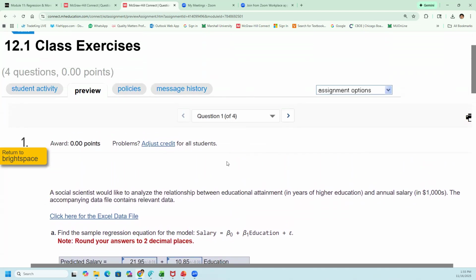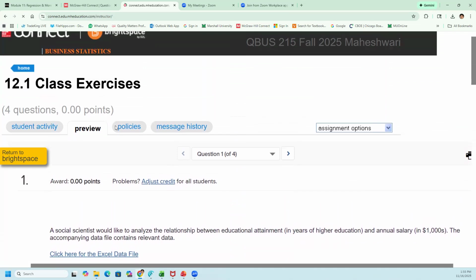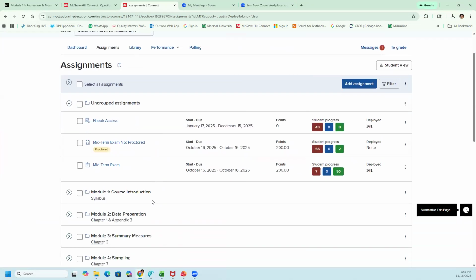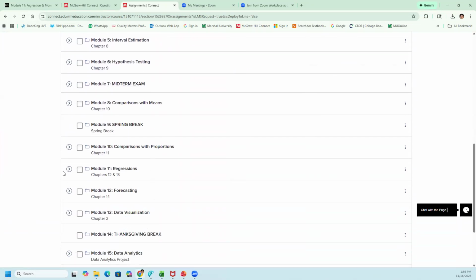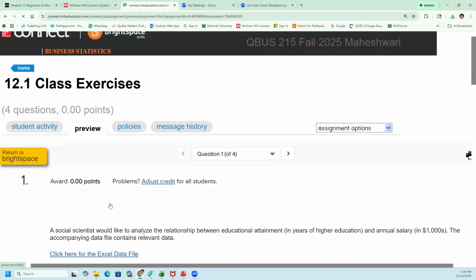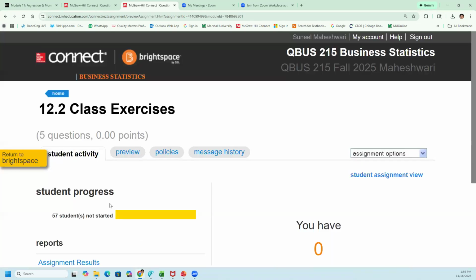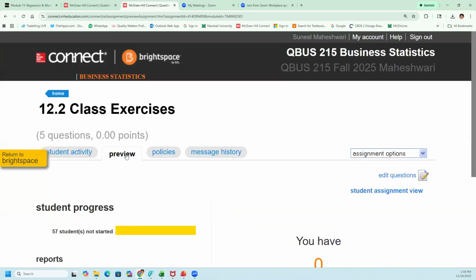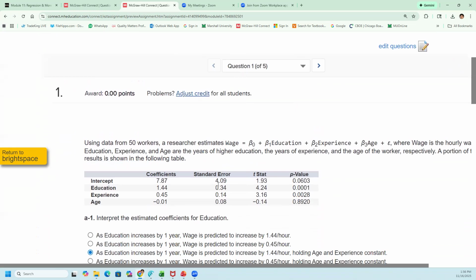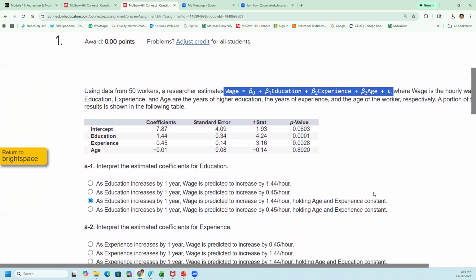Now we are going back to class exercises 12.2. Go to class exercise 12.2, number 1. In this case, your wages are dependent upon education, experience, and age. Those are the variables that are explaining. So you can run a regression instead of one variable.